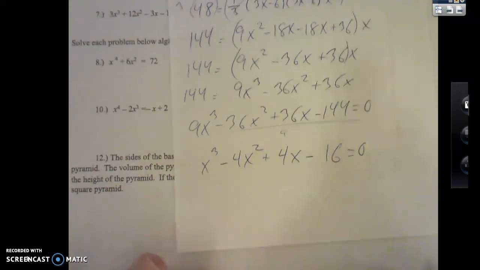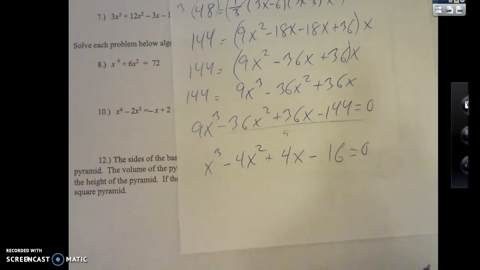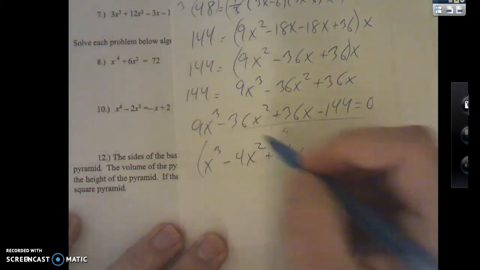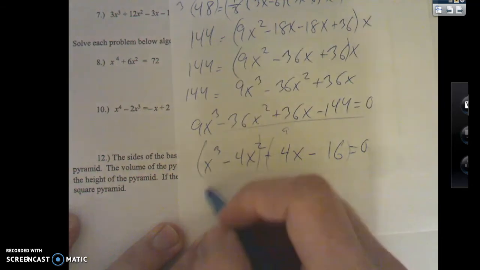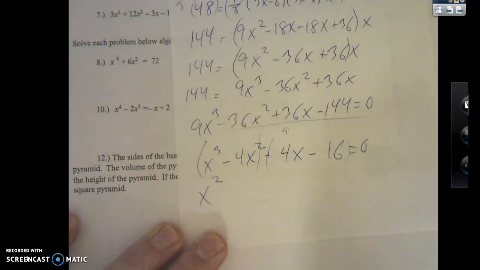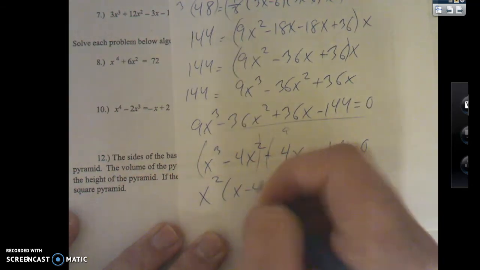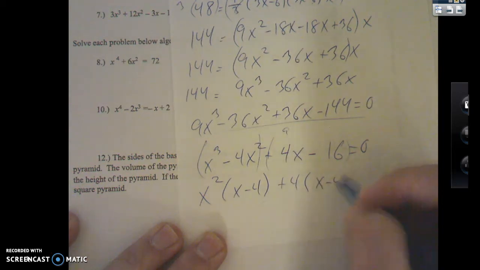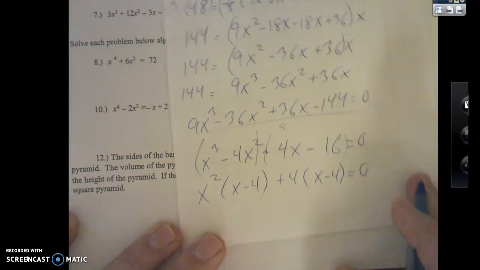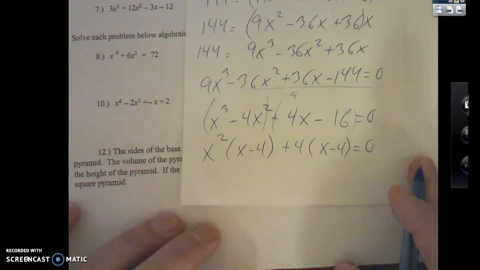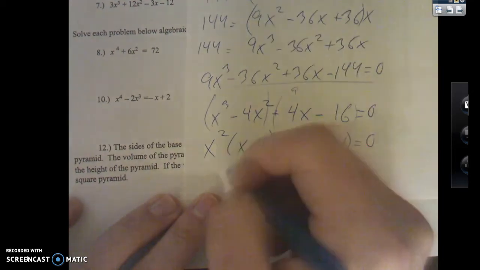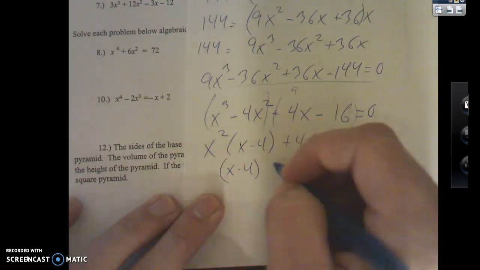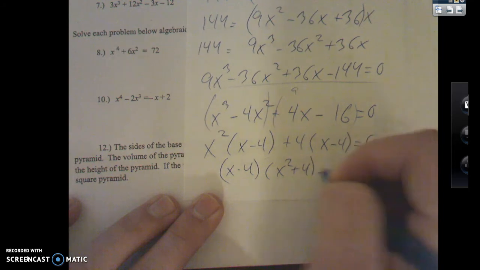I know you're probably freaking out right now thinking this is the hardest problem known to man, but honestly, guys, it's just factor by grouping. I know you're good at this. If I go ahead and do both of them, I can pull out an x squared, leaving me with x minus 4. I can pull out a plus 4, which leaves me with x minus 4. So what I've got here is x minus 4 times x squared plus 4 equals 0.